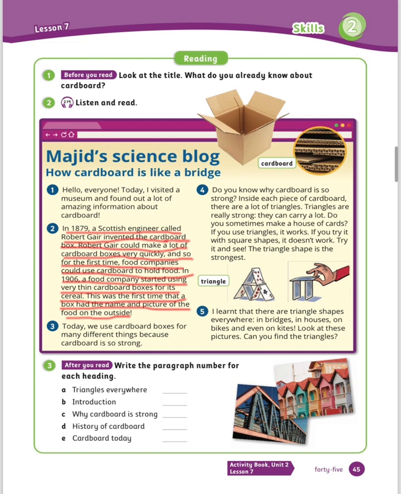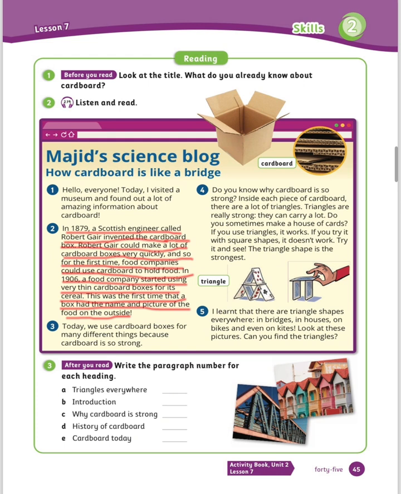Robert Gair could make a lot of cardboard boxes very quickly. And so for the first time, food companies could use cardboard to hold food. In 1906, a food company started using very thin cardboard boxes for its cereal.